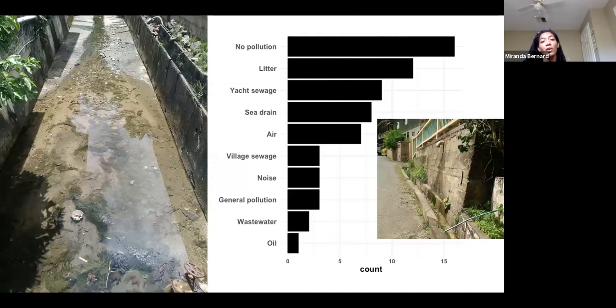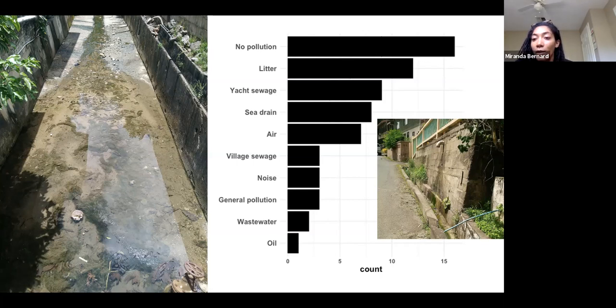And then when we talk about environmental changes over time, it's interesting. We have a lot of people saying that there's no pollution, and part of what they were saying is that people pollute, but there's no pollution because there's someone whose job it is to clean it up.